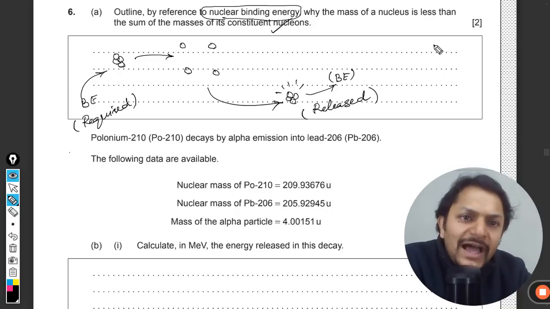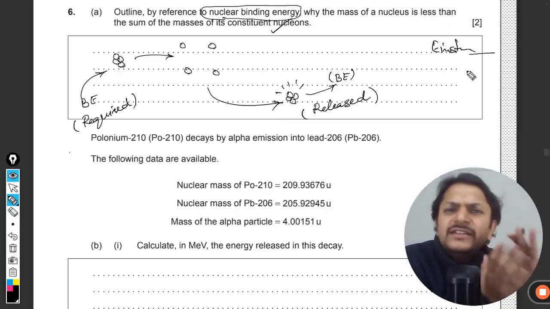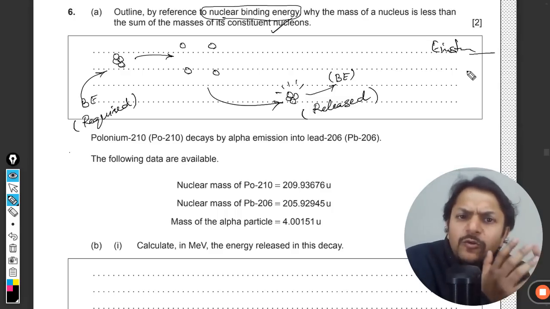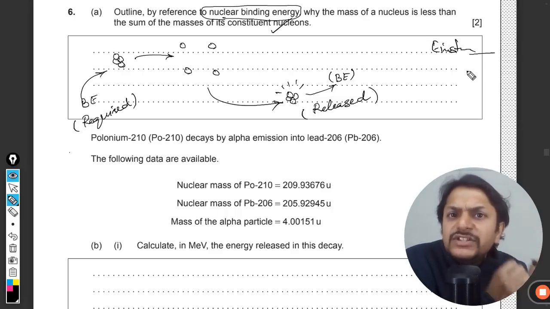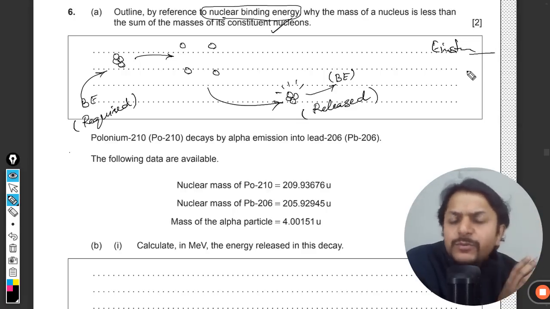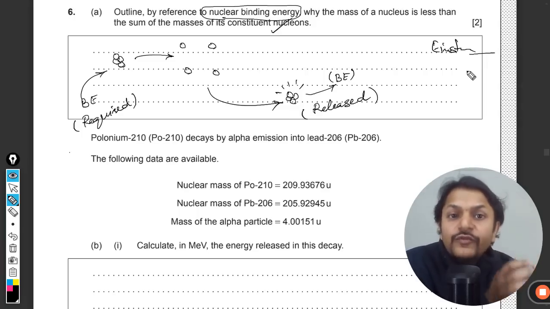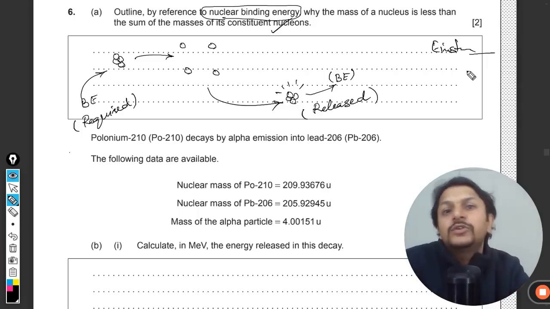Now it was Einstein who asked this question: okay fine, there is a nuclear reaction taking place, why is the amount of energy released in these nuclear reactions enormous? From where is that energy coming? Because by the principle of conservation of energy, energy cannot be created nor destroyed. So from where is this humongous amount of energy coming?